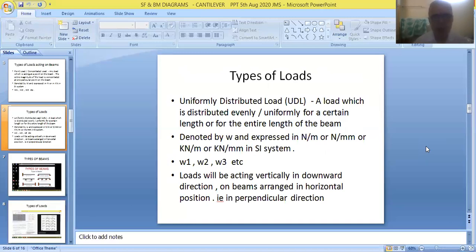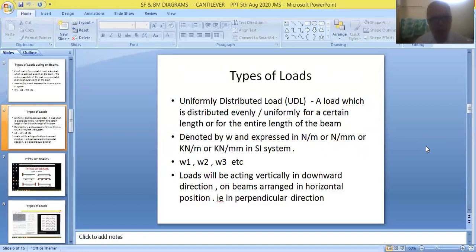So the next one is called a uniformly distributed load, simply called UDL, abbreviated as UDL. Now, this load is distributed evenly or uniformly for a certain length of the beam or for the entire length of the beam.